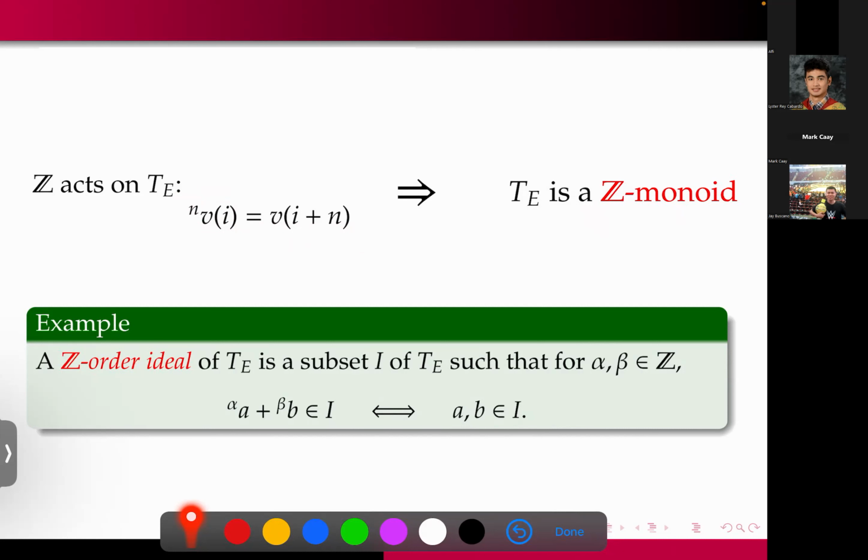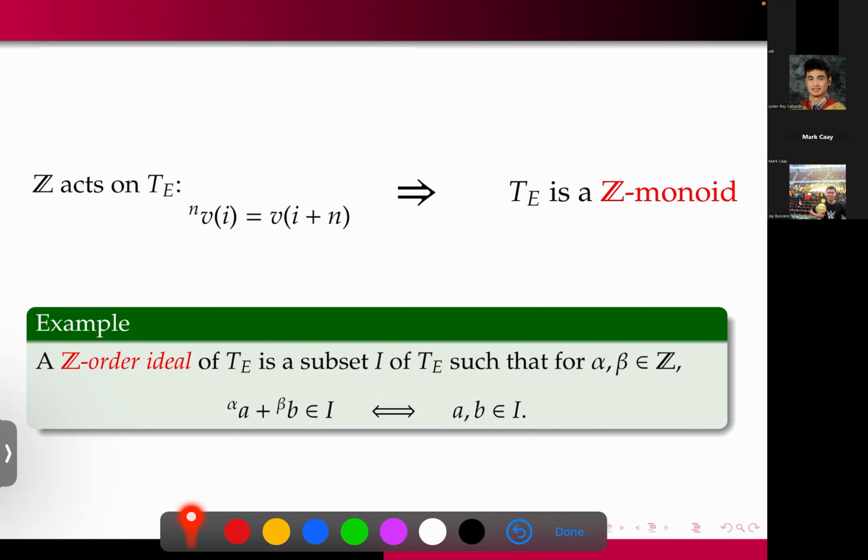In general, if you have a group gamma acting linearly on a monoid M, then your monoid M would be called a gamma monoid. A Z-order ideal now would be a subset of your talented monoid which satisfies this equivalence statement here. What this just means is that I have a submonoid, which means it's closed under your operation, plus it's also closed under the action, which means every action gives you a different element in your Z-order ideal.